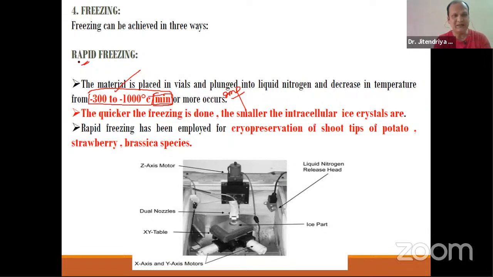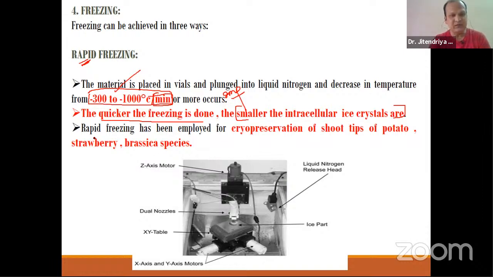Why is there a requirement of rapid freezing? The quicker the freezing is done, the smaller the intracellular ice crystals are. So if you freeze rapidly, there is minimum chance of making any ice crystals inside.